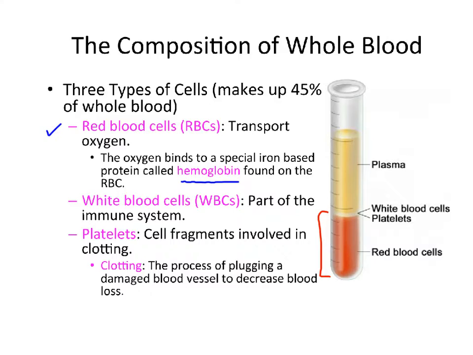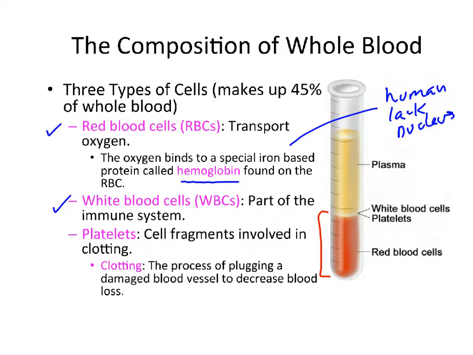You did a whole lab earlier in the year where you looked at blood types and the red blood cells of different organisms. Remember, red blood cells in humans lack a nucleus. You looked at fish and bird red blood cells, which had a nucleus, and human red blood cells lack a nucleus. They're denucleated cell types. Our white blood cells are a key part of the immune system. We're going to get much more detailed on that later.